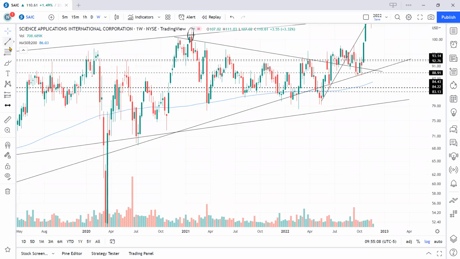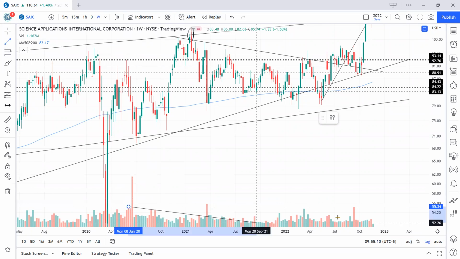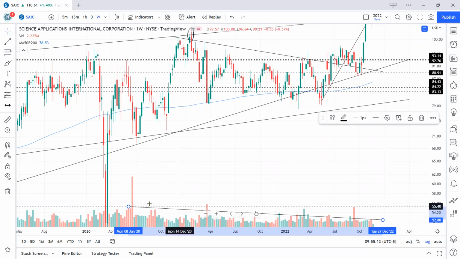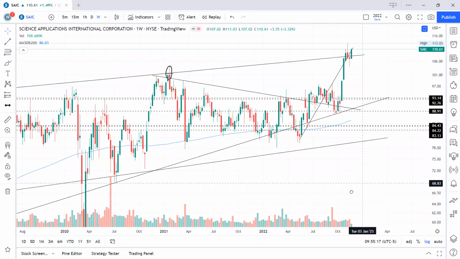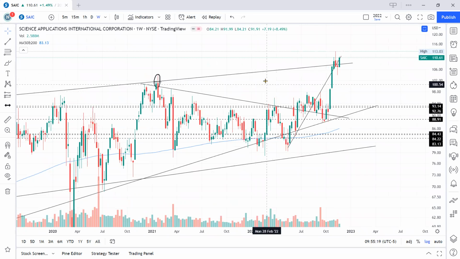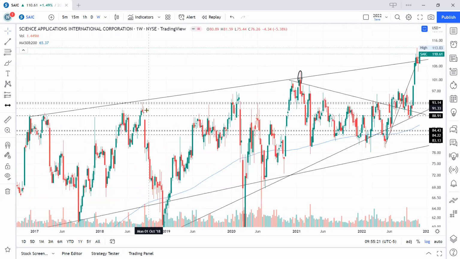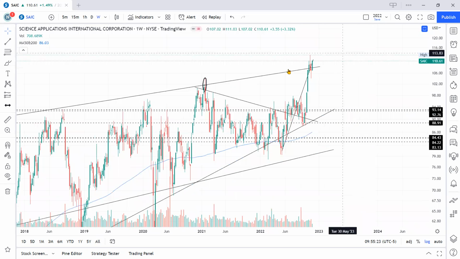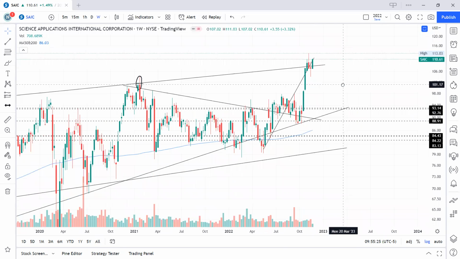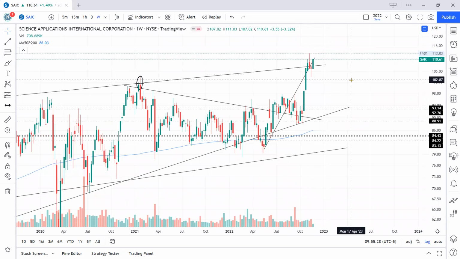I mean, if I were to draw a line like this, and this is on the volume down here, you kind of see it going downward, okay? So price is going up right above this resistance line here. To me, it looks like a false breakout or a, what's the phrase, bull trap.